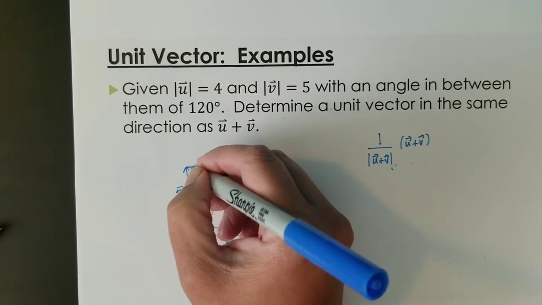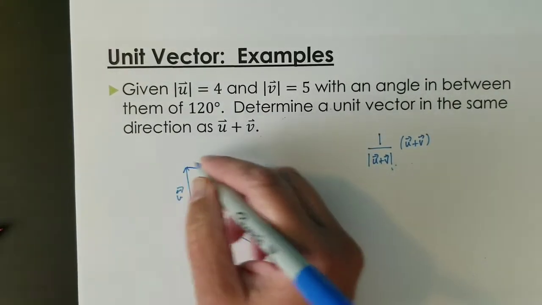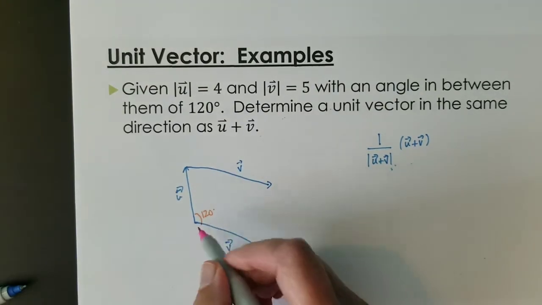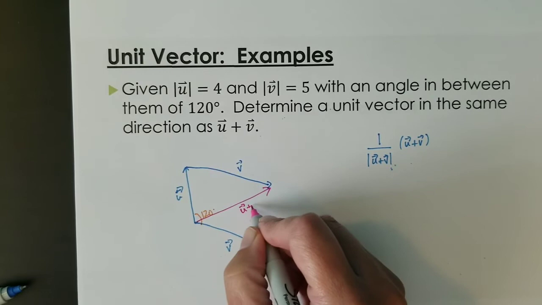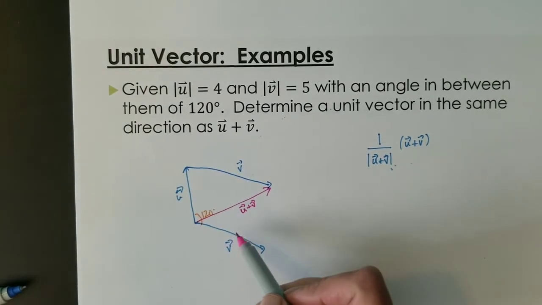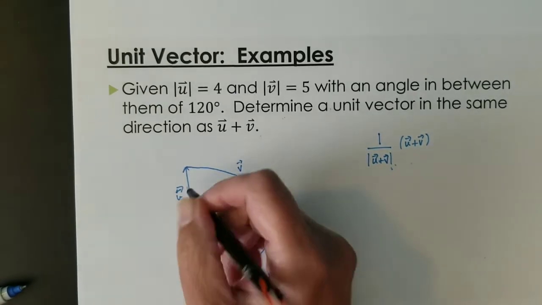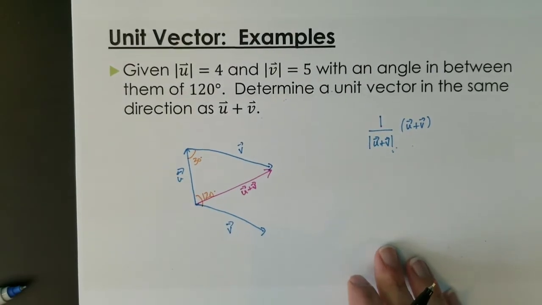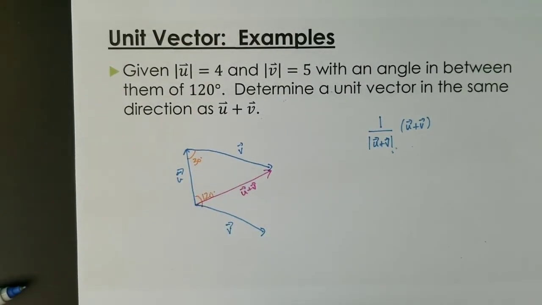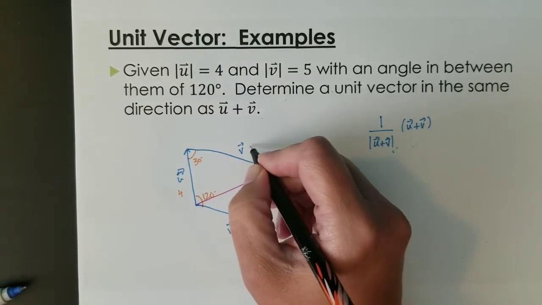So I'm going to add my vectors head to tail, draw in my resultant for u plus v there. And remembering that I'm going to have a C pattern, translate that angle up there. Wow, this is really not to scale, but that's okay. So we know that the magnitude of u is 4 and the magnitude of v is 5.